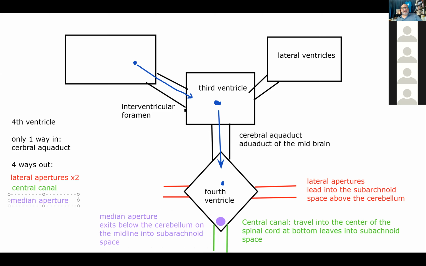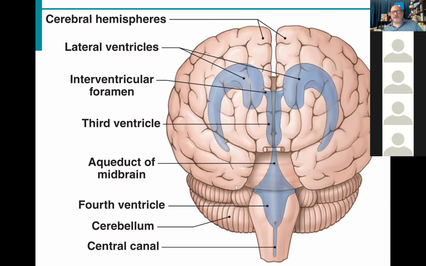Notice now that we've done this in this very simplistic diagram, let's look at the pretty pictures. Notice here when we look at the spaces from the front, we can see the 2 openings here above the cerebellum to the side. Those are the lateral apertures.